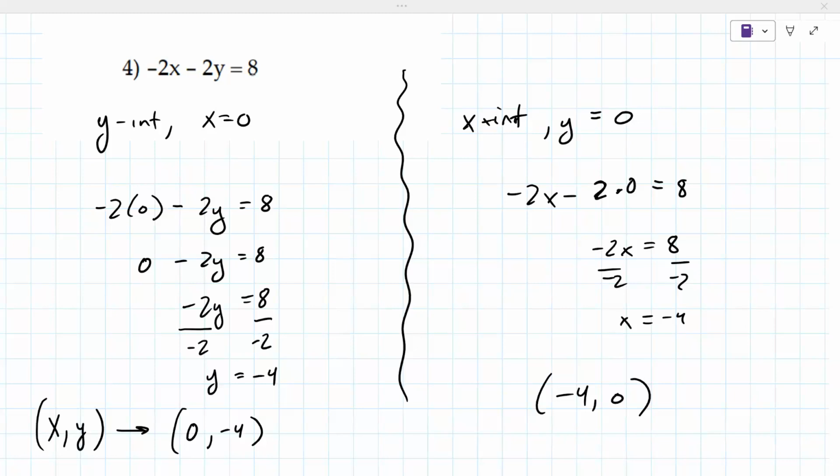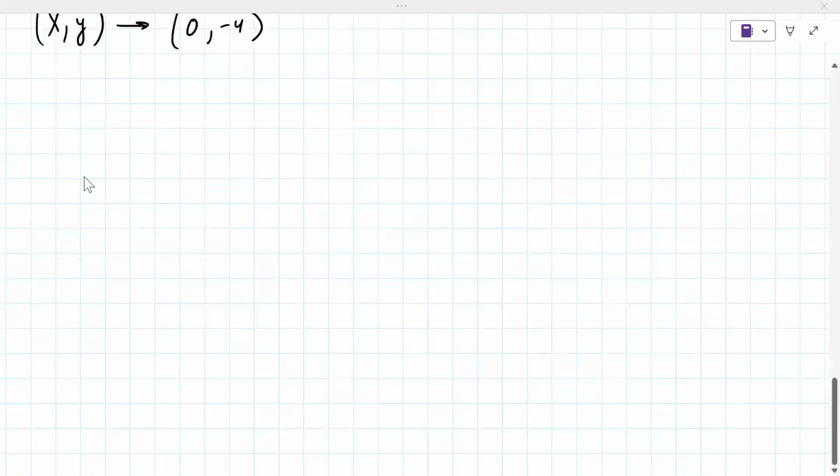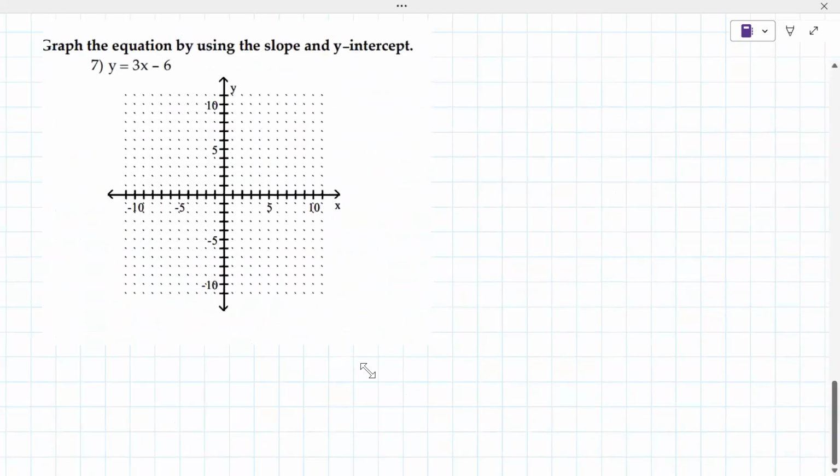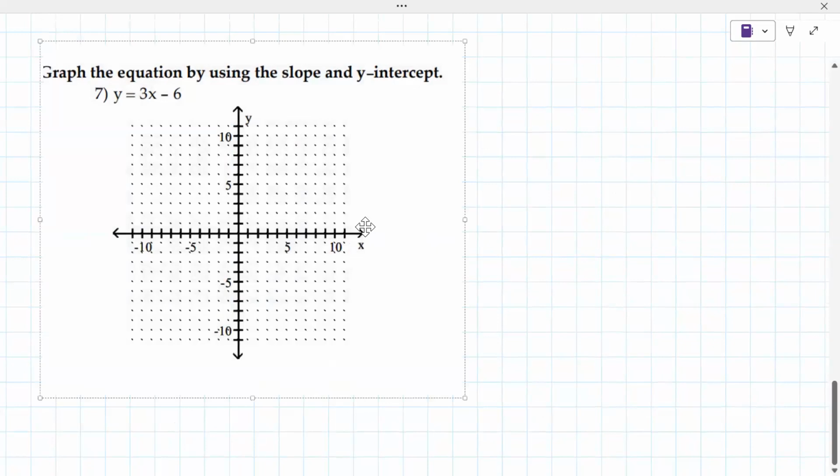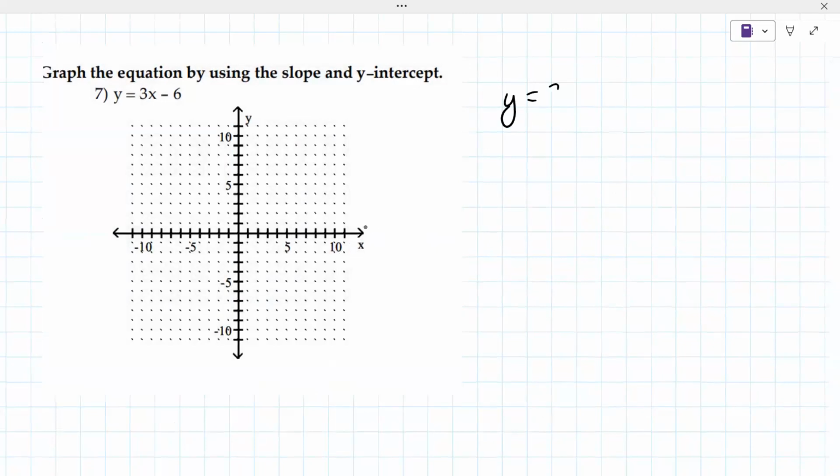All right, so here we go. It says graph the equation by using the slope and the y-intercept. I'm just going to rewrite the equation over here. Do you remember how to find the slope and the y-intercept, which is the b value, from the equation?